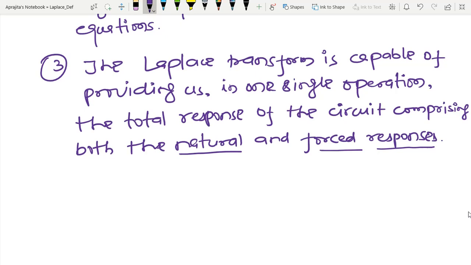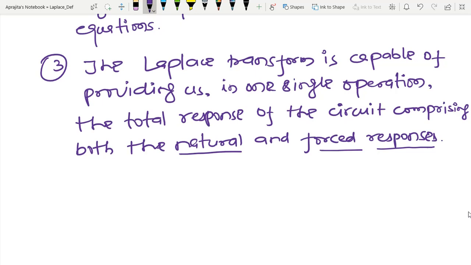So using the Laplace transform, I am not going to distinguish between natural and forced response. It is possible to obtain the complete response of the circuit.